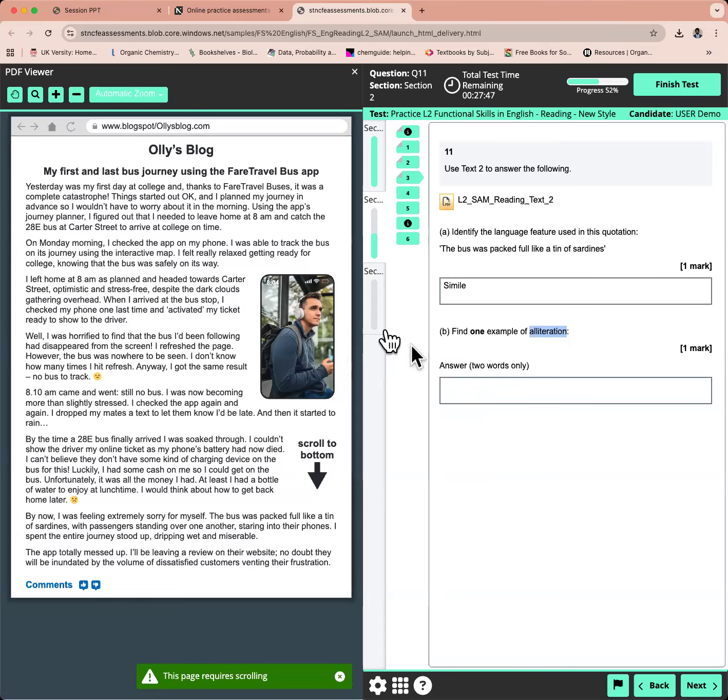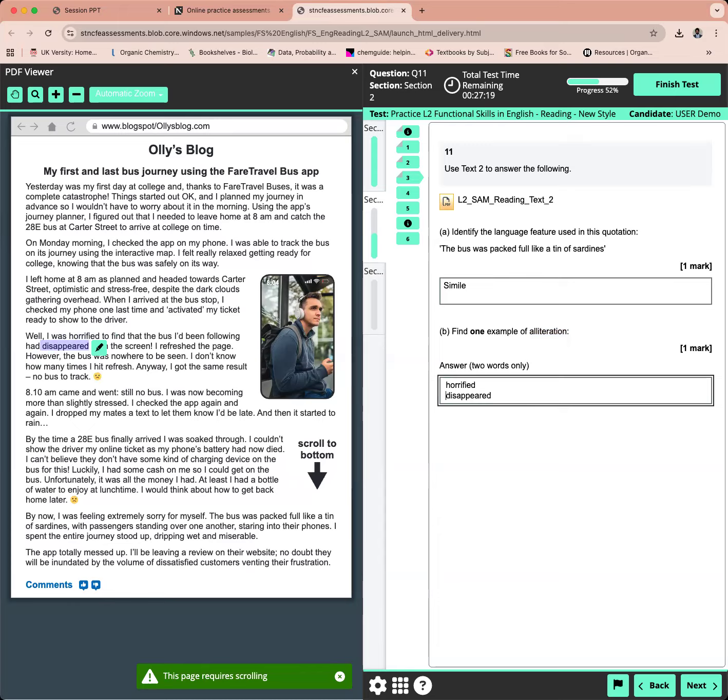So maybe the two words that I would pick out would be something related to the travel bus app: so I was horrified to find the bus that I've been following had disappeared. So I'll use the word horrified, because obviously it has left me wondering what has happened, and the word disappeared.